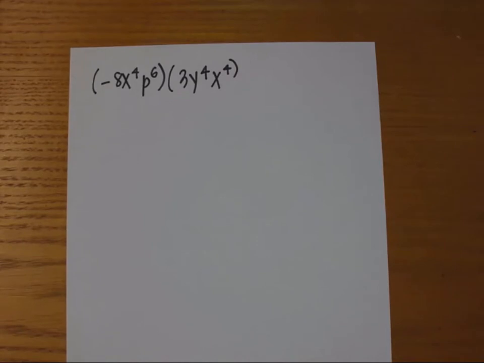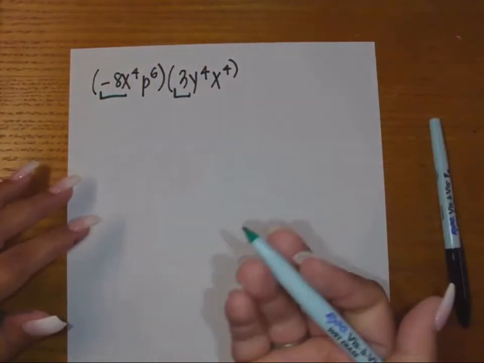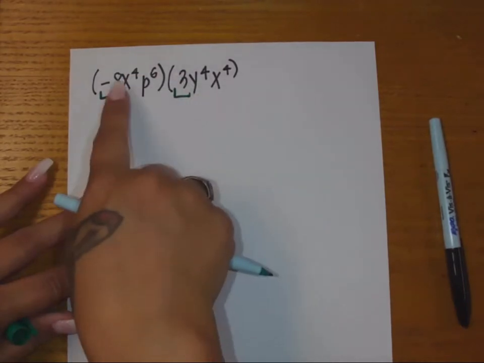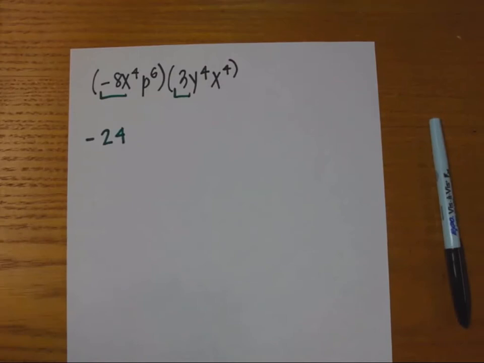Okay, so what we do here, there's a couple of different things that you can do. We could write it down and it would be kind of complicated, but I don't really think there's any reason to do that. We're just going to multiply the common things together. So I have a negative 8 and I have a negative 3. Those are just coefficients. 8 times 3 is 24. Signs are different, so it's negative.